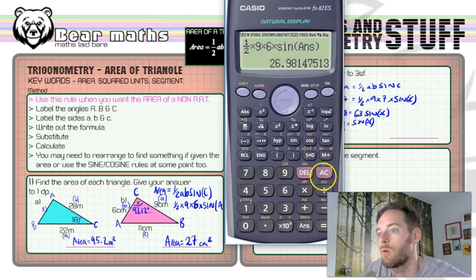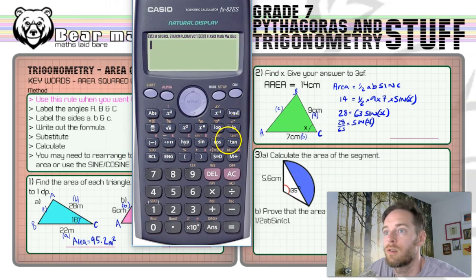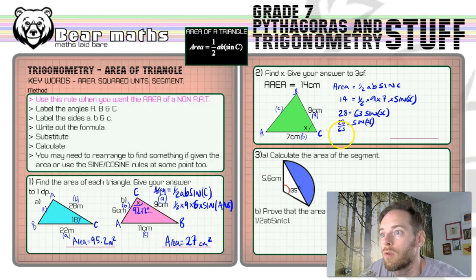So all of that I did without a calculator. Like I said, it doesn't really matter, as long as you're sure of yourself. But then what we need is the 28 divided by the 63. Just press equals. It simplifies the fraction to 4/9, and then you go shift, get your sine to the minus 1, and put your answer in. Okay, I'll write that down in fact before I get that.